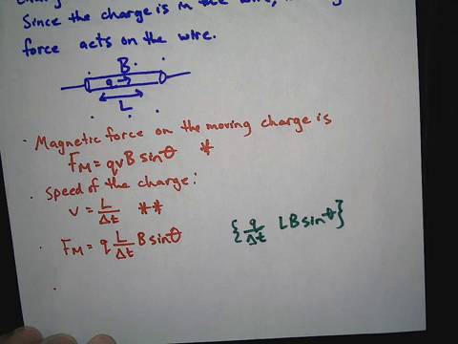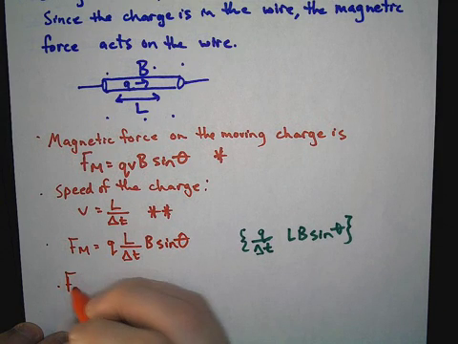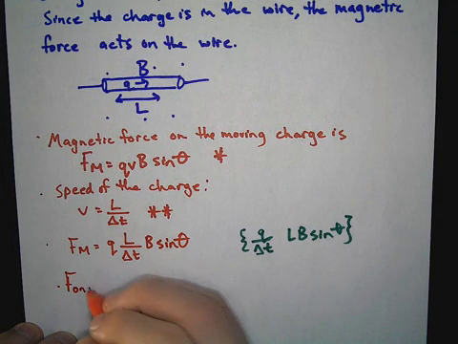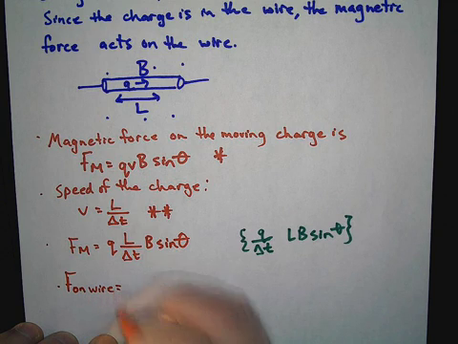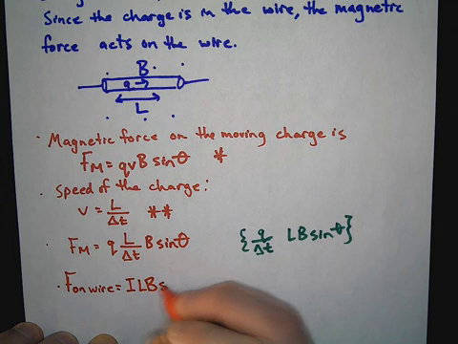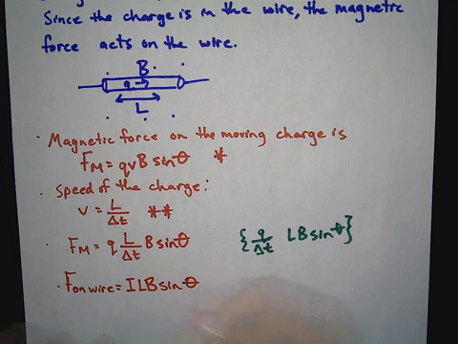So therefore, the force that is experienced on a wire is equal to I L B sine theta. The questions, as we're going to see in a few moments, are fairly straightforward to complete.